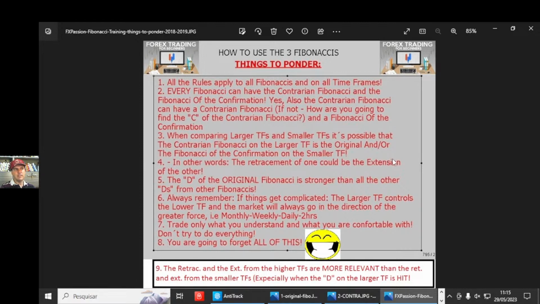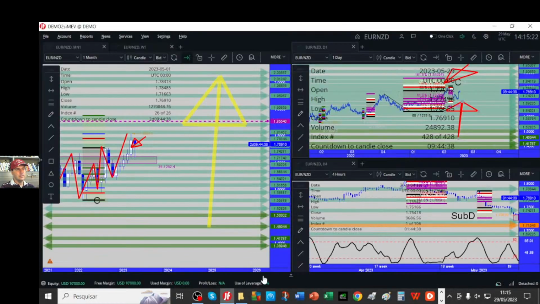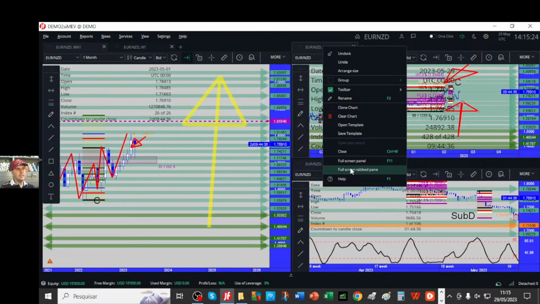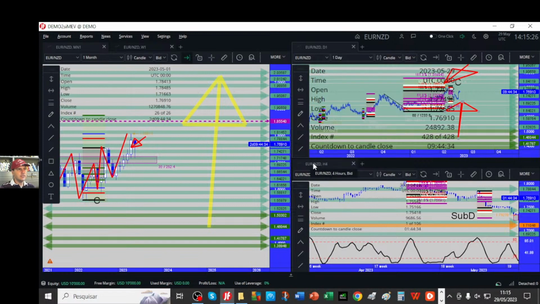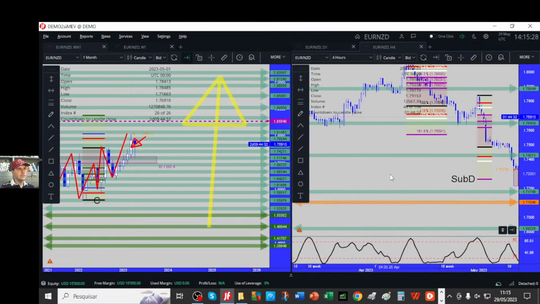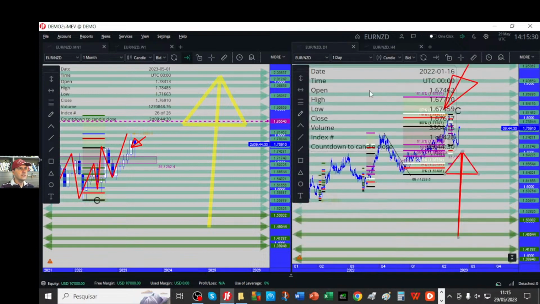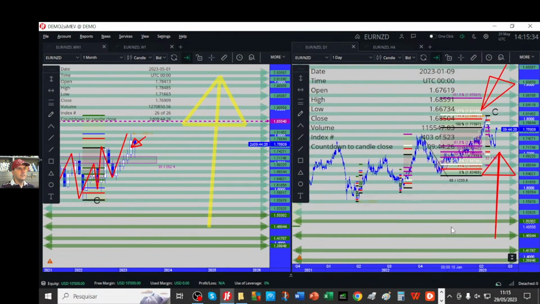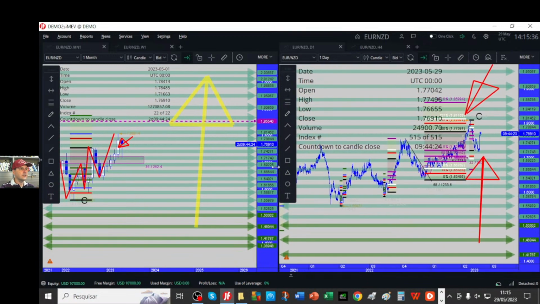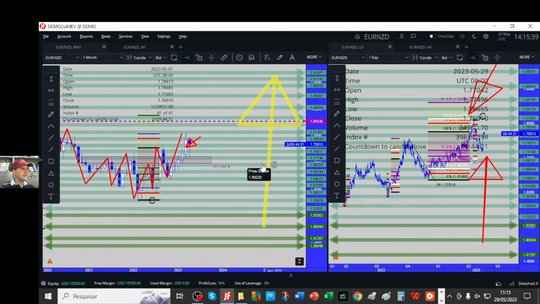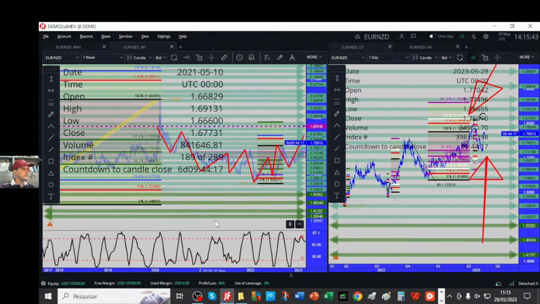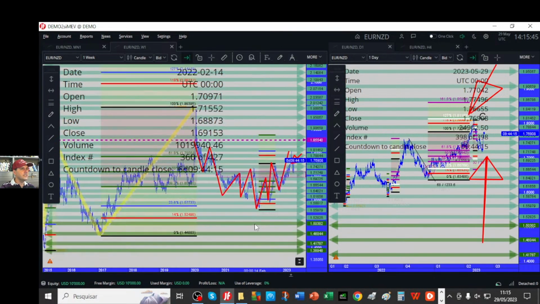Type in the chat, everybody. Do you understand number 4? Can you see the daily?